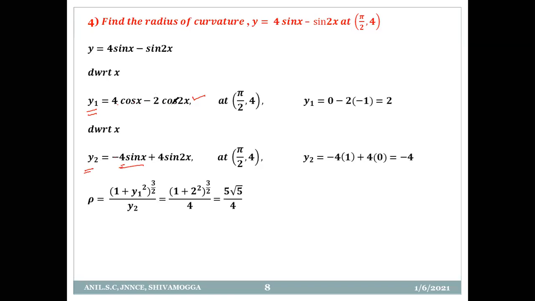Minus 2 into derivative of cos 2x is minus sin 2x into derivative of 2x, which is 2. That's what I have written here. Minus 4 sin x. Minus into minus plus, 2 into 2 is 4 sin 2x.